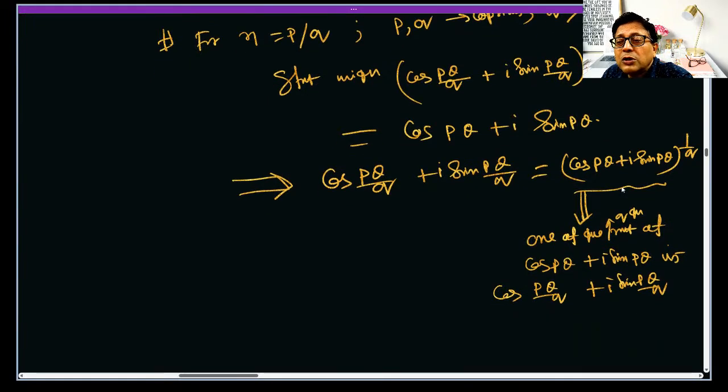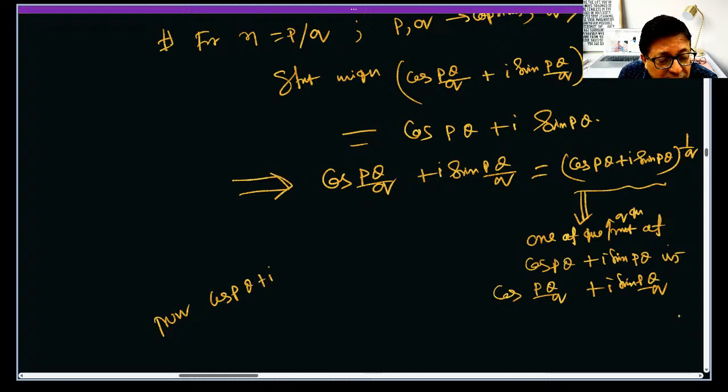Now this cos pθ + i sin pθ, p is an integer, is what? (cos θ + i sin θ) to the power p.